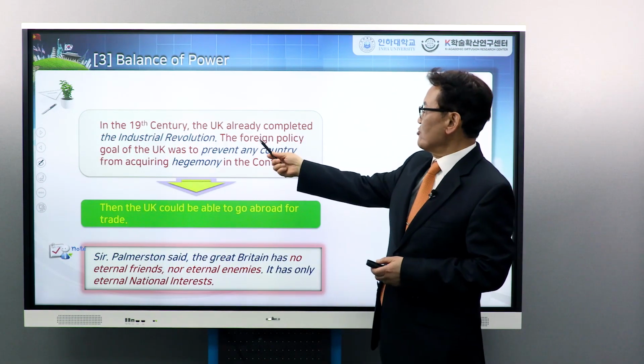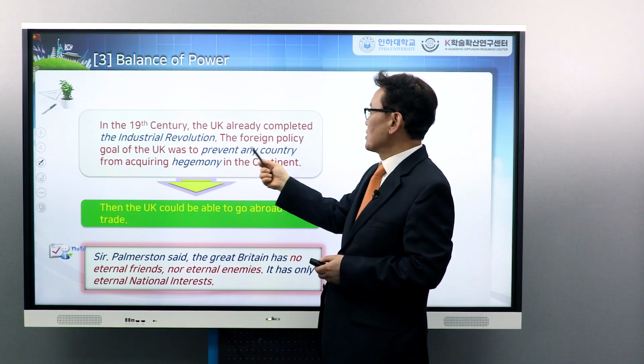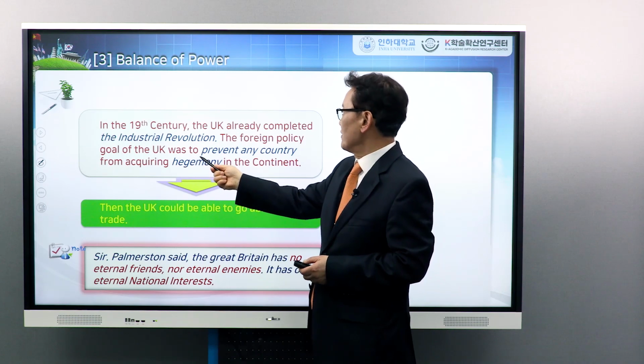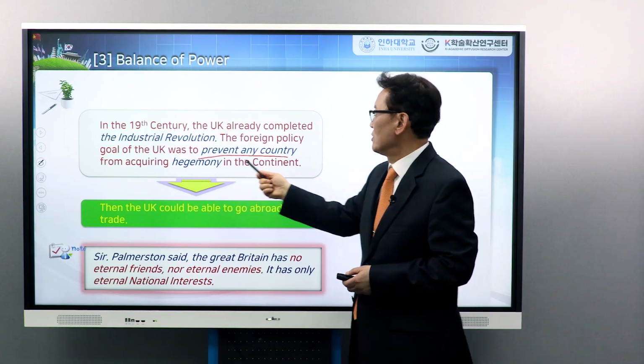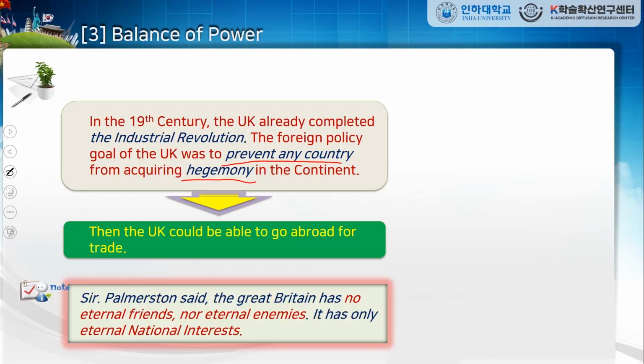So in the 19th century, the UK had already completed industrialization. So the foreign policy goal of the UK was to prevent any country from acquiring hegemony in the continent, and then the UK went abroad for trade. In those days, Sir Palmerston of the UK said that Great Britain had no eternal friends, nor eternal enemies.